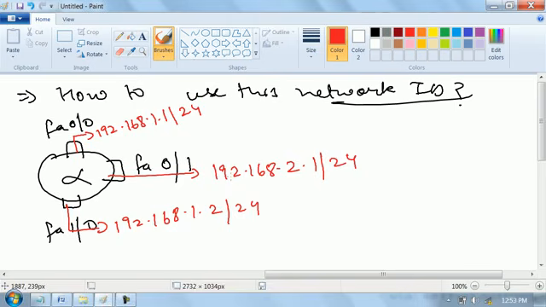You can never assign IP address of same network. What router says, I don't want to be part of confusion. Okay, I don't want to be a part of it. This thing is clear. That's why you always assign IP address of different networks on all the interfaces of router.